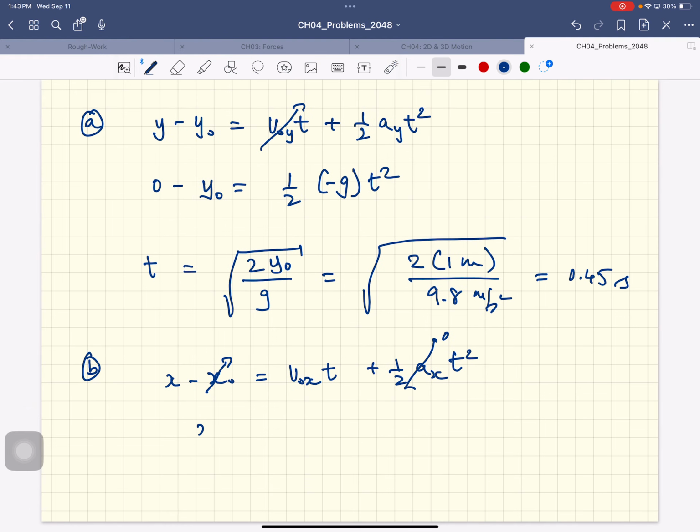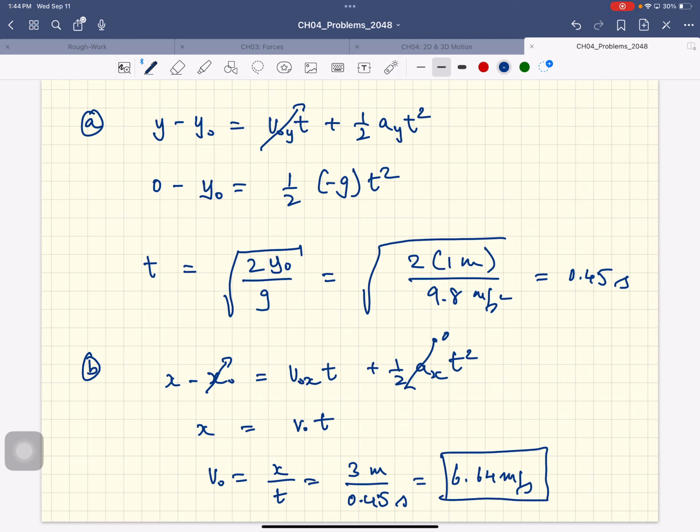So x equals v naught t, since the x component of the velocity is just the initial speed. So v naught, the launch speed, is x divided by t, which is 3 meters divided by 0.545 seconds, about 6.6 meters per second.